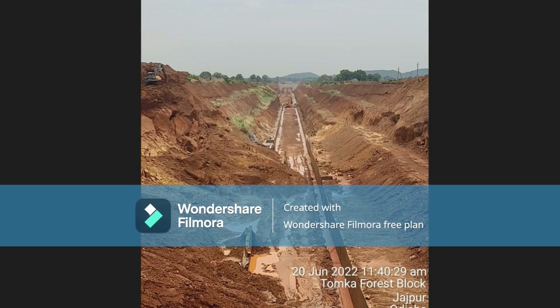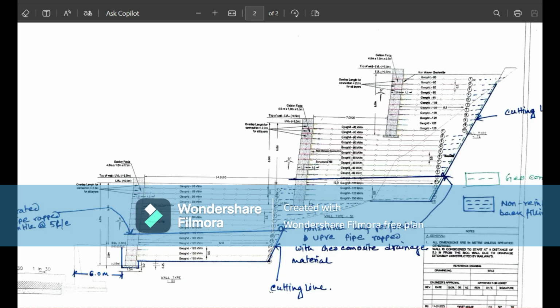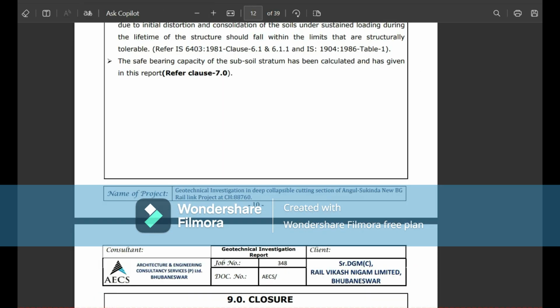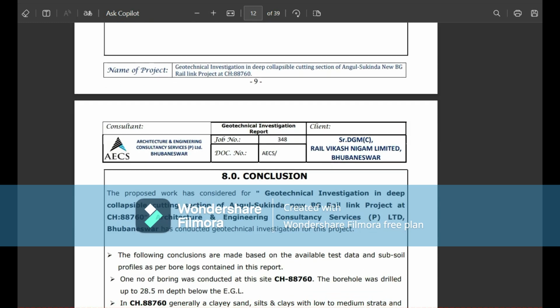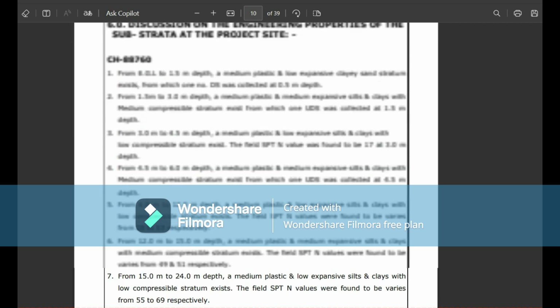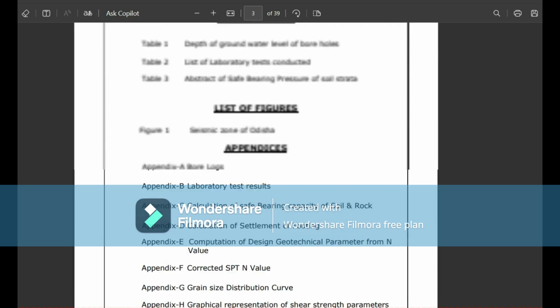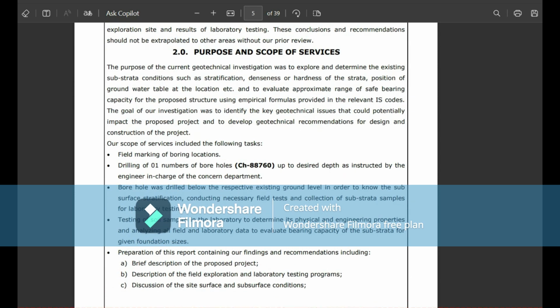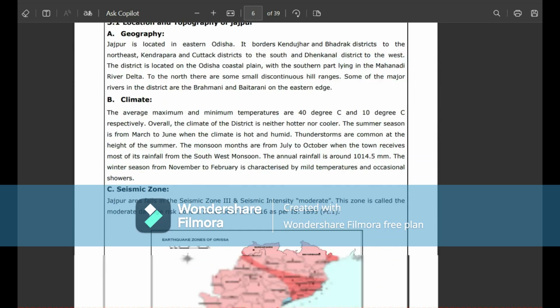So they are discussing the slope. Here we will see what the soil condition is in this area. Through the geotechnical soil investigation, they already provided testing, the SPT test, and they provided the result.